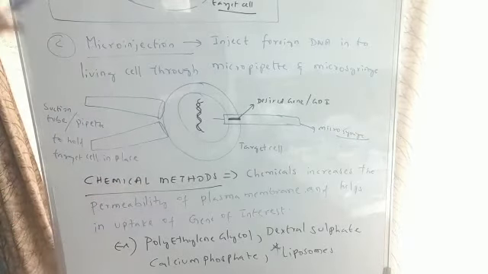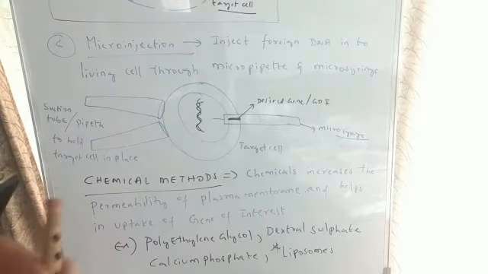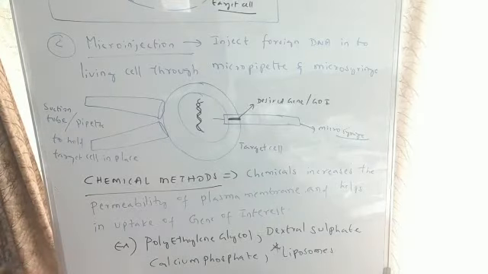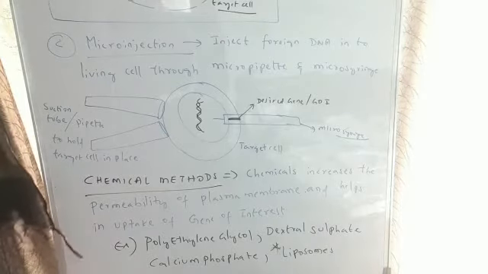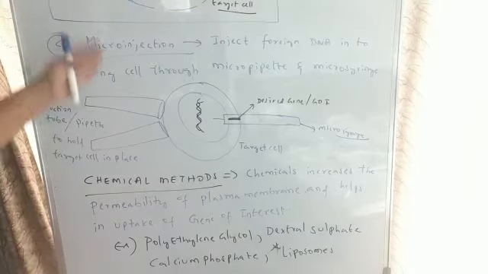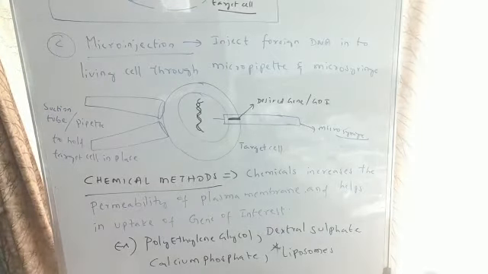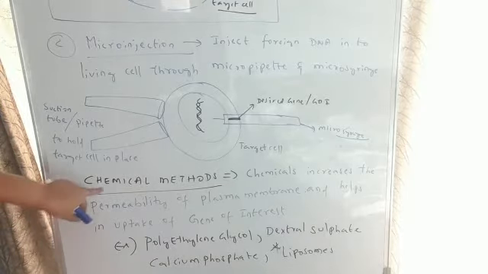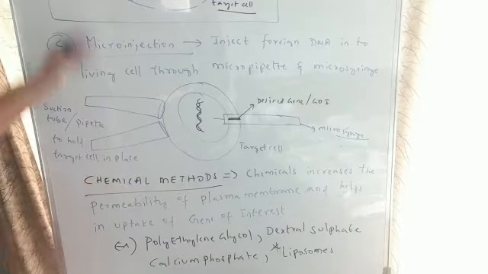Now let's go with the chemical methods. For physical methods, we have seen three methods. One is the biolistic or gene gun method, which is specifically used for the transfer of genes into plant cells. The next is electroporation, and the third is microinjection. In electroporation and microinjection, we use protoplasts.